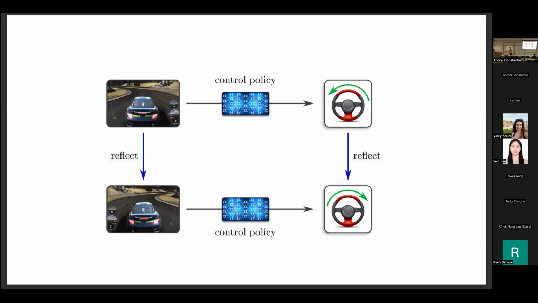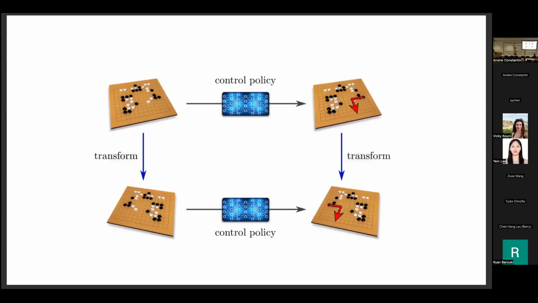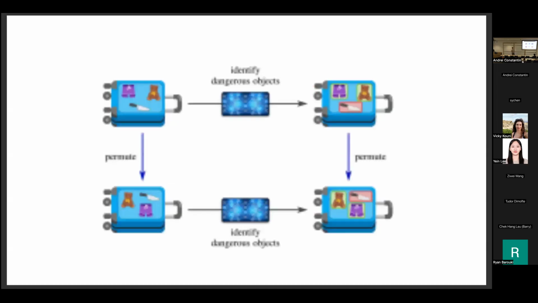So you would steer to the right instead of steering to the left. Or equivariance has been used for the game Go. If you want to have a policy for playing Go, then you know that if you rotate or reflect your board, the rules of the game are invariant under these operations. And then your predictions should, of course, also transform accordingly. And as the last example, let's say you're at the airport and someone checks your luggage and wants to see whether there are dangerous objects in there.